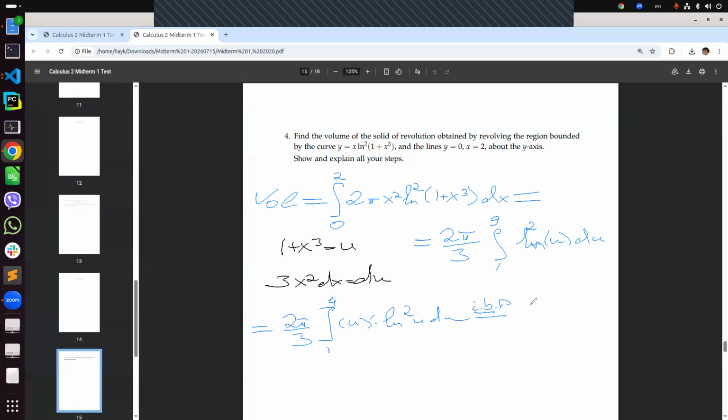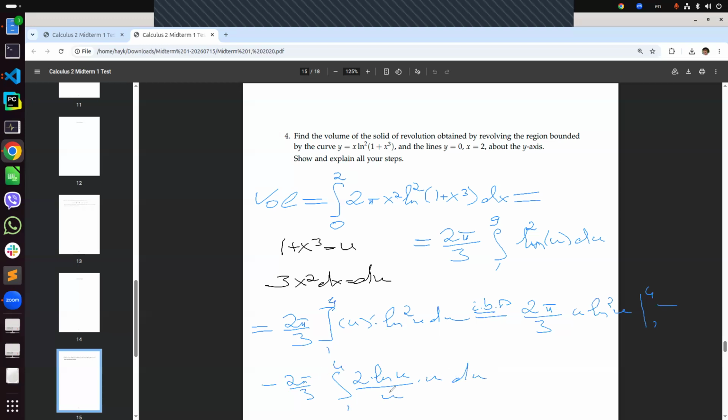We'll get 2 pi over 3 times u log squared u evaluated from 1 to 9, and minus 2 pi over 3 integral, the derivative of log squared u gives 2 times log u times the derivative of log u, which is 1 over u, and we have u, from 1 to 9.